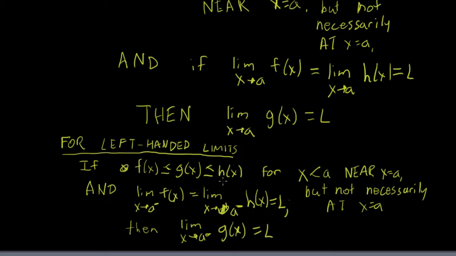You know, if you had said if f of x is less than or equal to g of x is less than or equal to h of x for some x greater than a, near x equal to a, but not necessarily at x equal a, and if the limit as x approaches a from the right of f of x equals the limit as x approaches a from the right of h of x, and say these are both L, then you can say that the limit as x approaches a from the right of g of x is L as well.